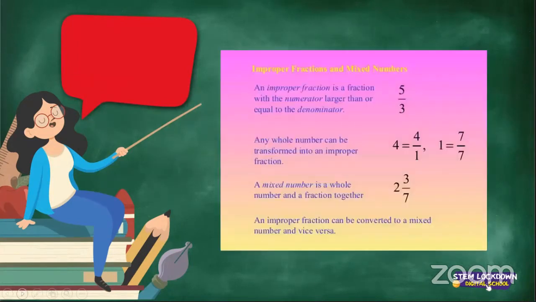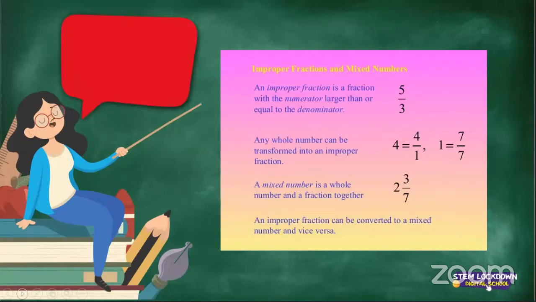So here we'll look at improper fractions and mixed numbers. An improper fraction is a fraction with the numerator larger than or equal to the denominator. If you're looking here, we have 5/3.